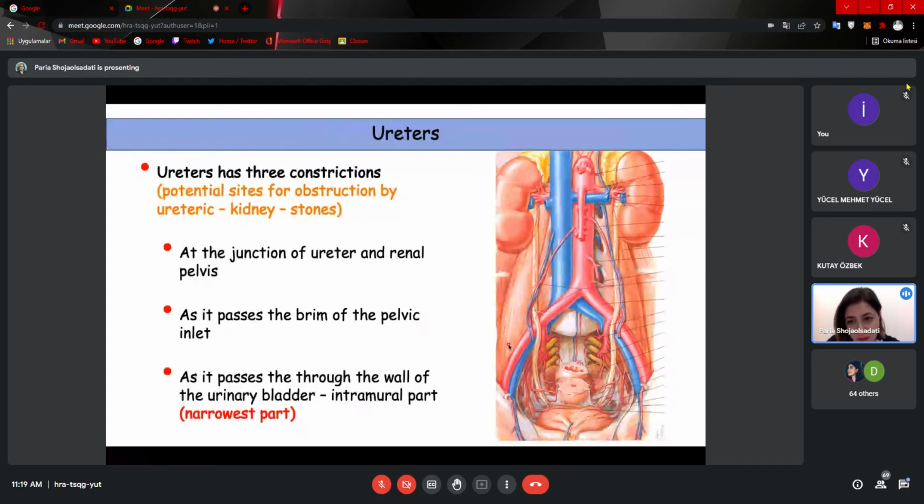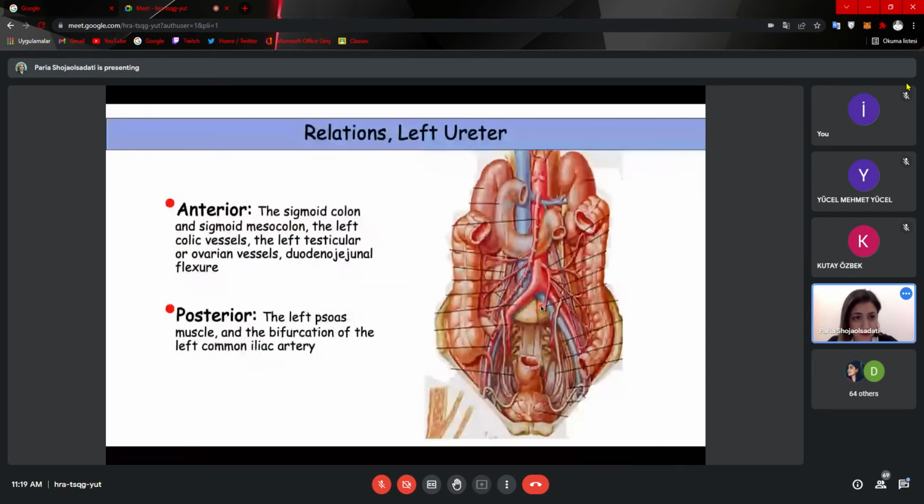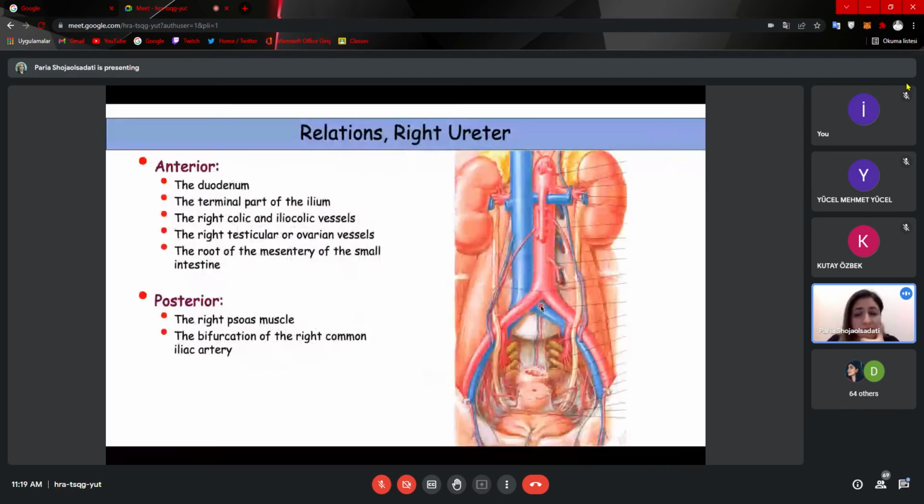It's seated on it. And it dorsally crosses the bifurcation of the right common iliac artery, as you see in here.